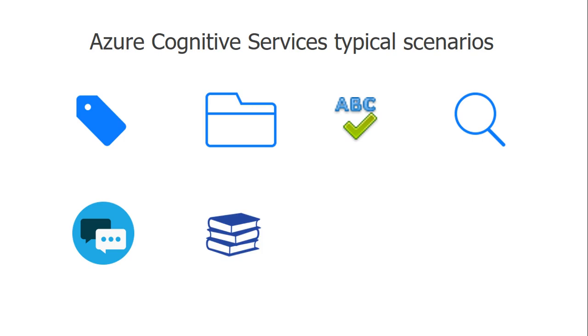So if you still wonder what's in it for me, I guess you all deal with documents and people who are too lazy to tag them properly. You probably have a lot of knowledge scattered everywhere in the company. Users complaining that they never find what they're looking for. If these things ring a bell to you, then you start understanding the value of Azure Cognitive Services.